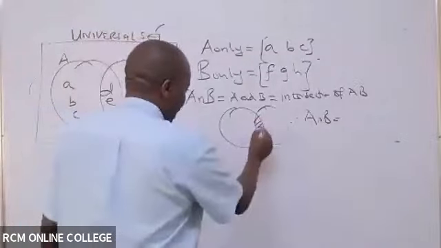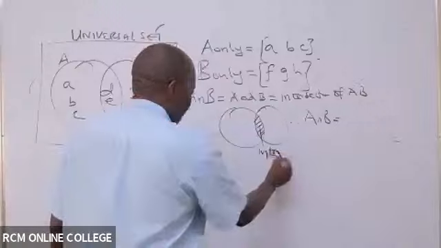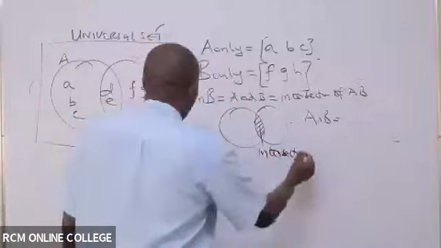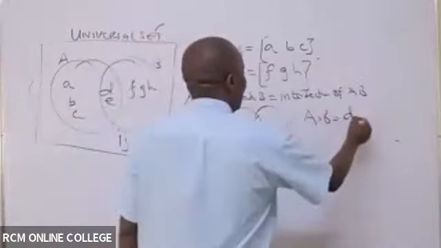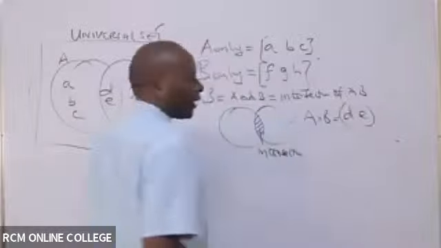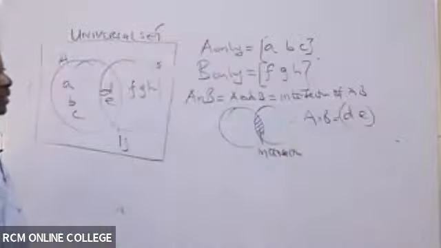This is the intersection here. So A and B is D, E.